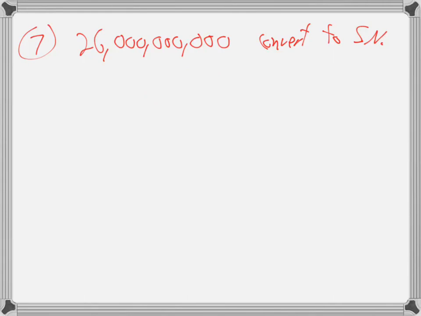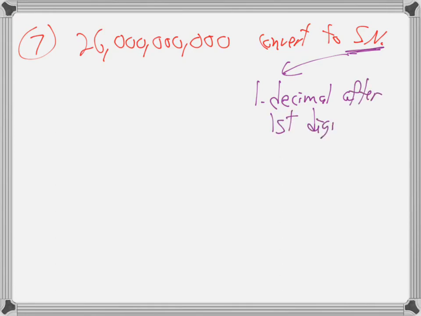All right, anyway. So what is SN? What is scientific notation? I'll give you 2 rules. Where's the decimal go in scientific notation? Yeah, after the first digit that is not 0. So the decimal goes after the first digit that's not 0. So 2.6.